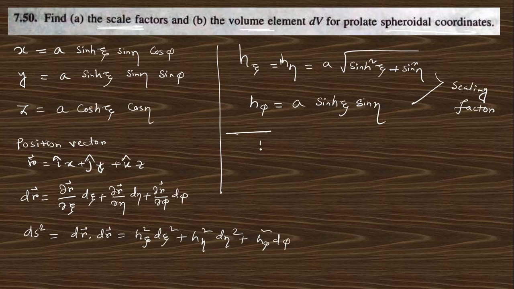Okay, after that if you want to find the elementary volume, it can be obtained by h xi h eta h phi multiplied by d xi d eta d phi, right?